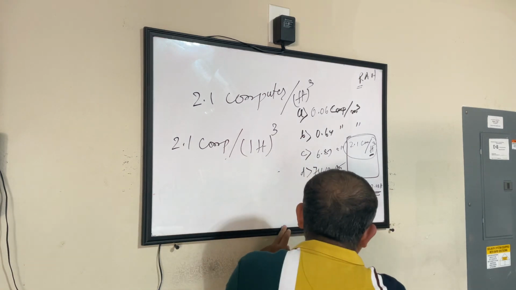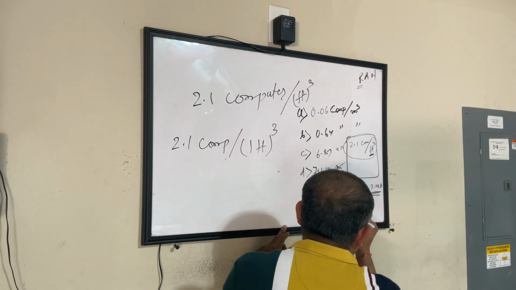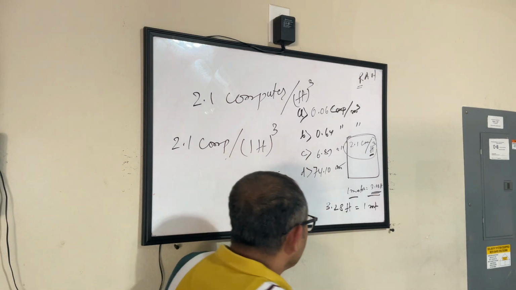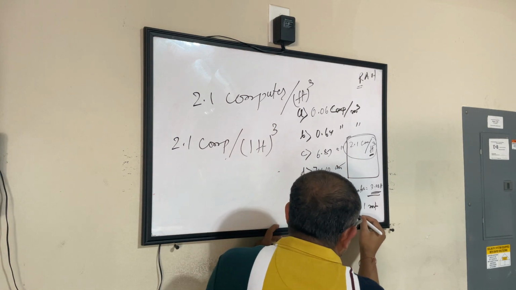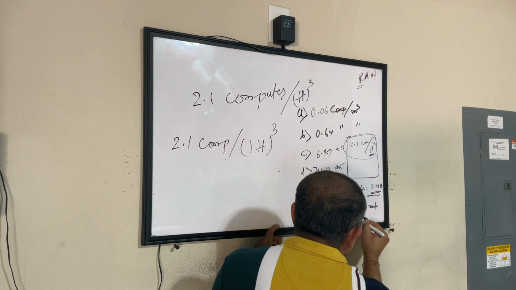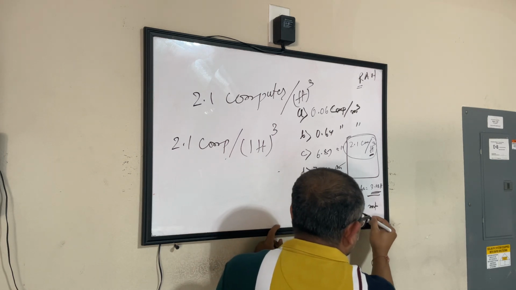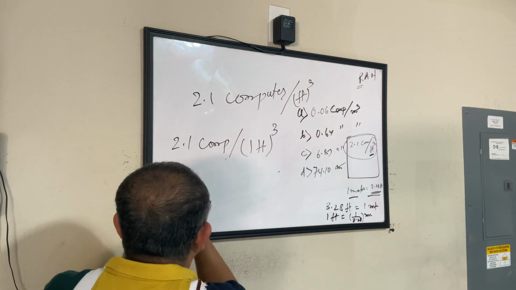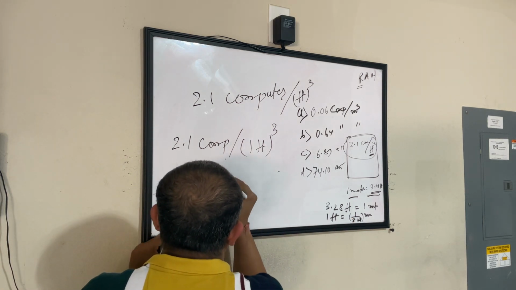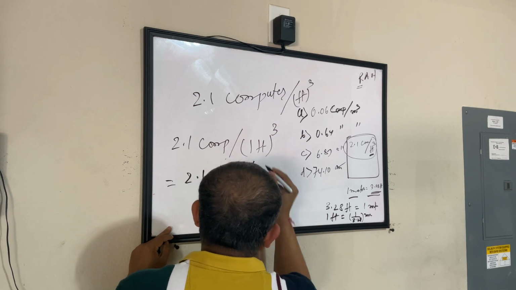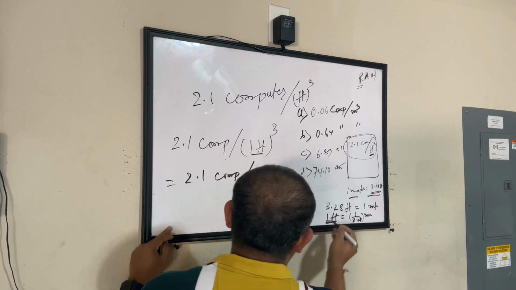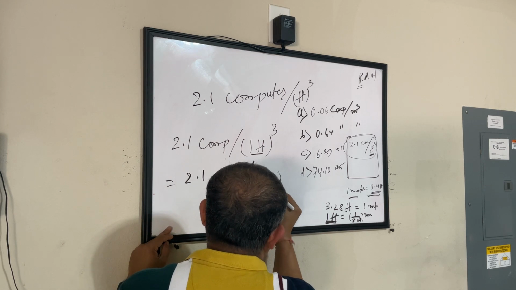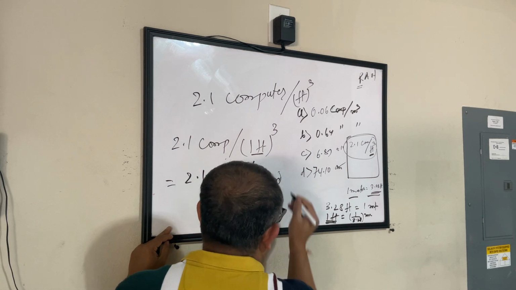Now, 3.28 feet is equal to 1 meter. Correct? So 1 foot is equal to 1 by 3.28 meter. Agreed? Now I'll take this value and plug it in here so that I don't have to worry about per 1 foot. This is my value of 1 foot. I will say 1 by 3.28 meter. Okay?